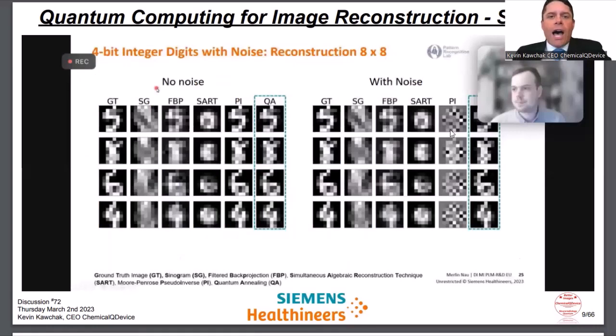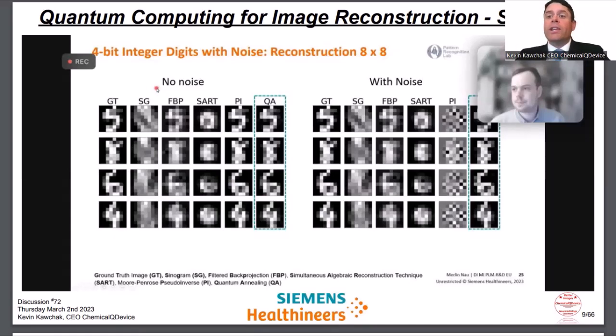Now, this is one of the slides here. So basically, what you want to look at is the transition from no noise to with noise, what images withheld the best. So if you look at this bottom row right here, you'll see, for instance, this second to last column loses fidelity with noise.